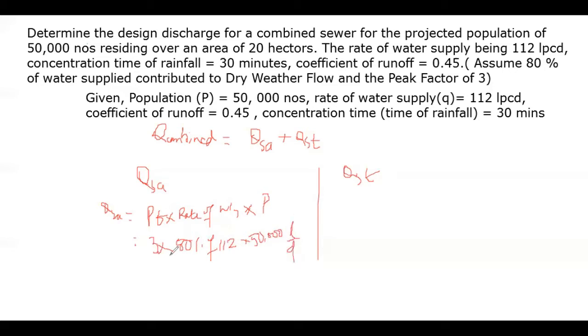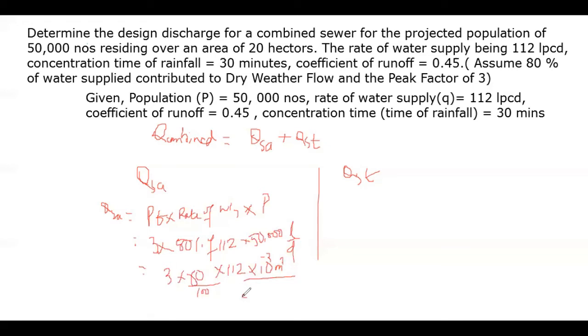Now if you solve this, we will get 3 into 80 by 100 into 112 LPCD, so it will come in liters per day. If you change liters into cubic meter, 1 liter equals 10 to the power minus 3 cubic meter.